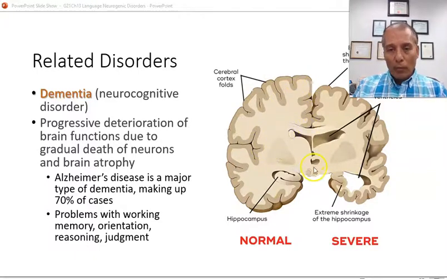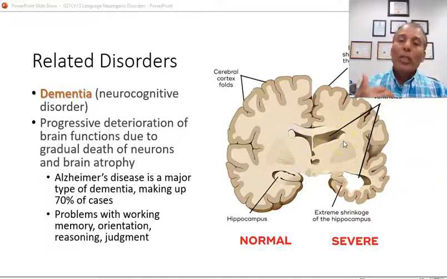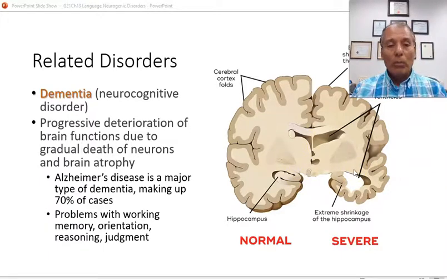So all of this, of course, these anatomical changes will translate into cognitive abnormalities, and then these cognitive abnormalities will translate into behavioral changes that you see in the individual, affecting cognition and language and behavior and so on.